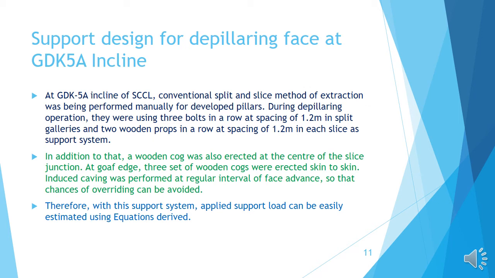In addition to that, in the center of the slice junction, a wooden cog is erected, and at the goaf edges 3 sets of wooden cogs are erected. With this support system, applied support load density can be estimated using the equations derived.